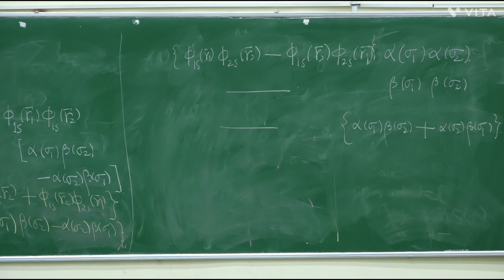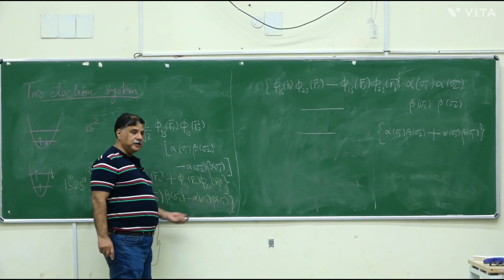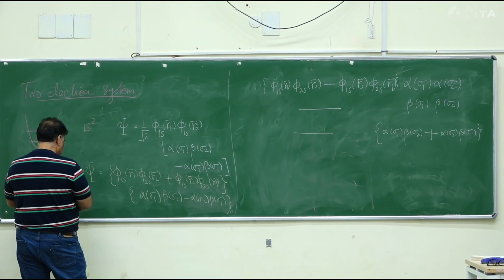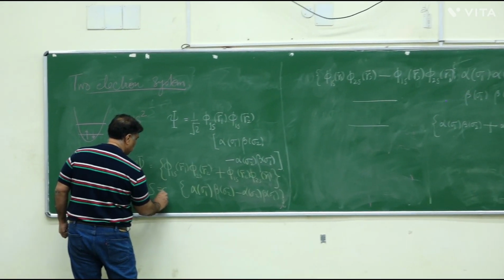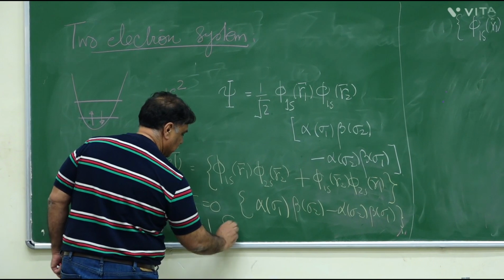Right? In all this, what you will see, if you calculate the expectation value of S square in this case, S will come out to be 0. So 2S plus 1 is 1, this is a singlet state.